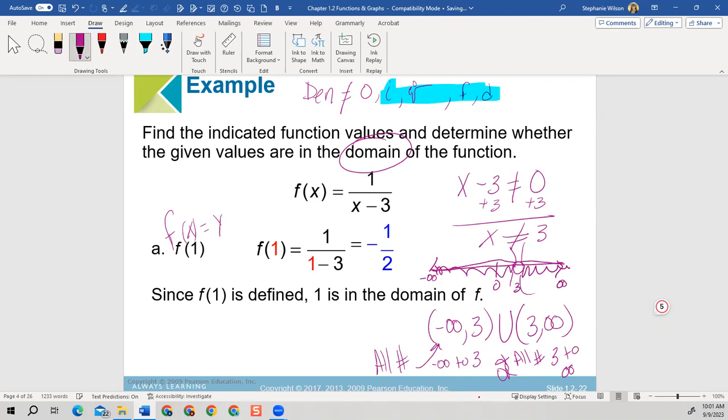However, we cannot use 3 or we get an undefined function. So this is your domain.